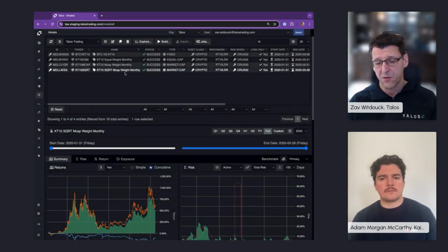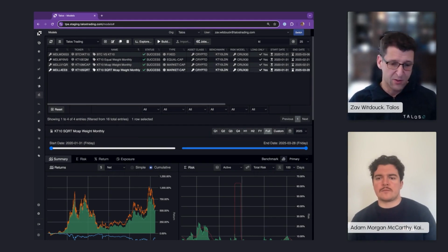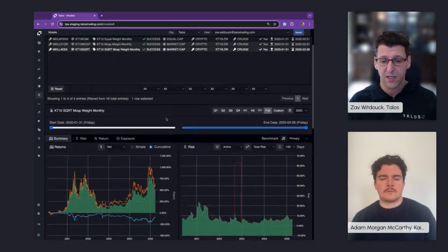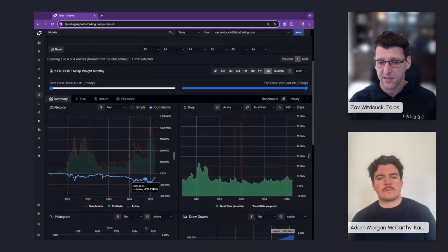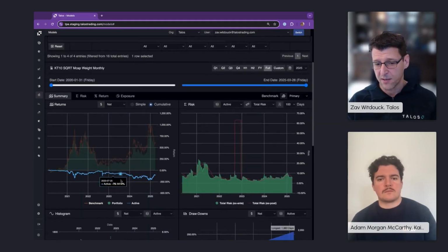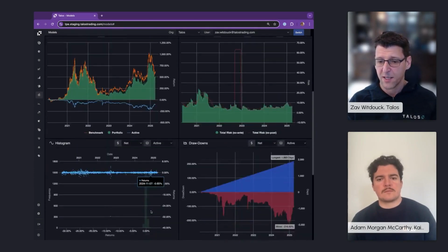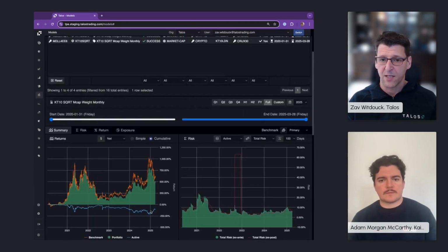We often use square root of market cap as a proxy for creating diversified indices, because it's a simple routine for ensuring that Bitcoin and Ethereum don't dominate. But even the square root of market cap construction doesn't perform anywhere near as well as the KT10 index portfolio. So that is pretty interesting to look at.